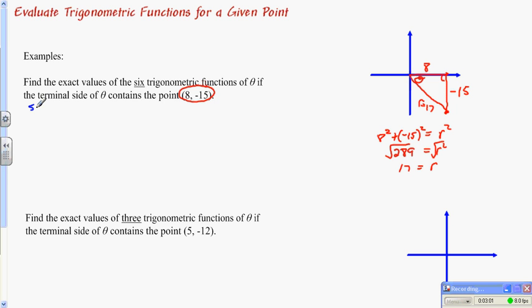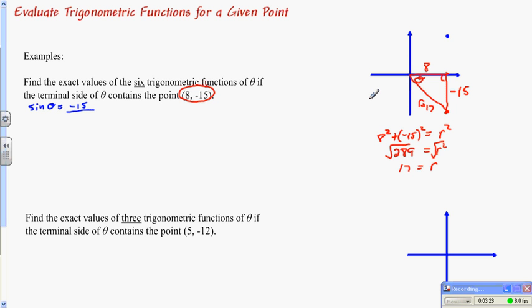and from that we can come up with our trig functions. So sine of theta, we don't know what the angle is, but we can find the ratios. Here's where we must respect the coordinate. So opposite is negative 15. We don't write 15 because if we said 15, we would put it up in the first quadrant, and that is where it is not located.